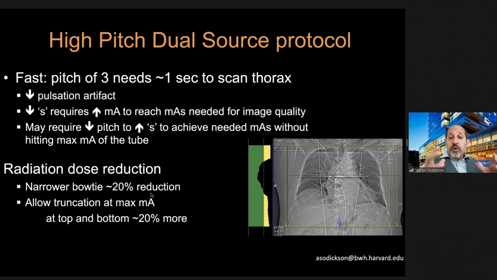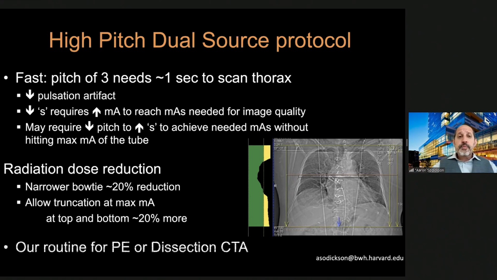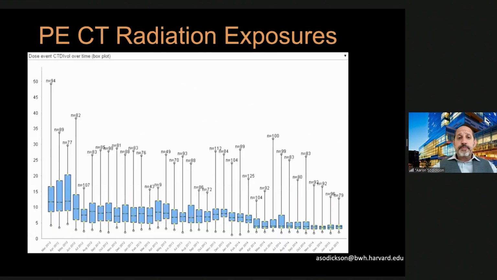First, because the narrower bow tie used with the high pitch mode gives us about a 20% radiation dose reduction. But also, this trick with the techs allows us to truncate the maximum mA at the top and bottom of the scan, and that gives us roughly another 20% dose reduction. So this has become our routine protocol for PE or dissection CTA.